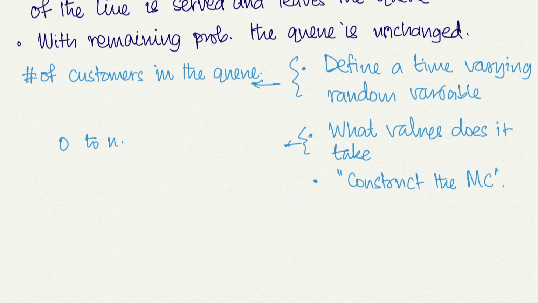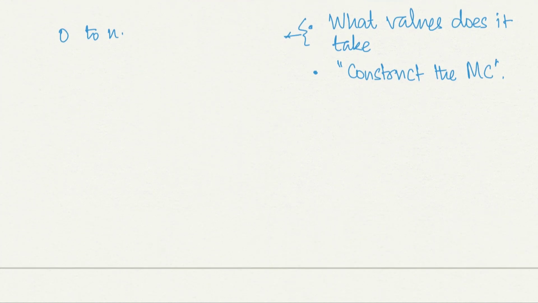So essentially I have state i, then i plus 1, until n, let's say.